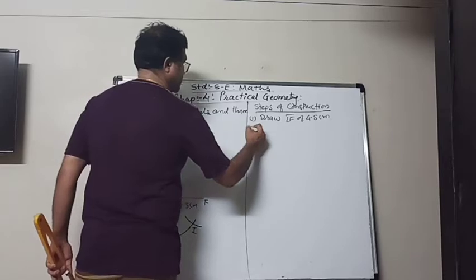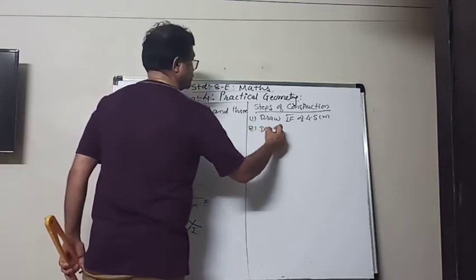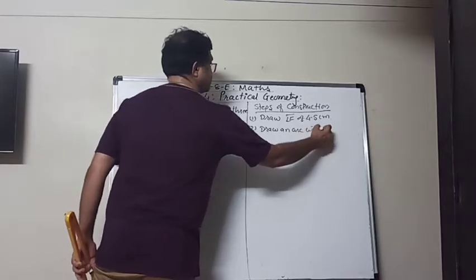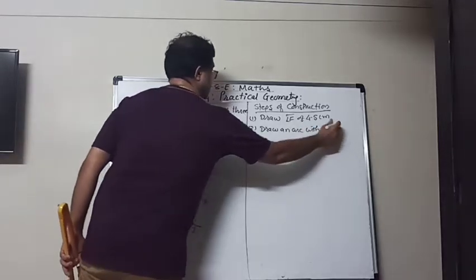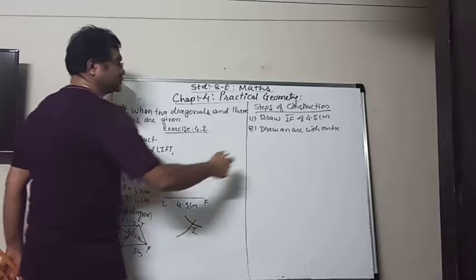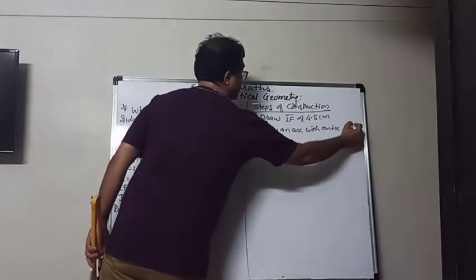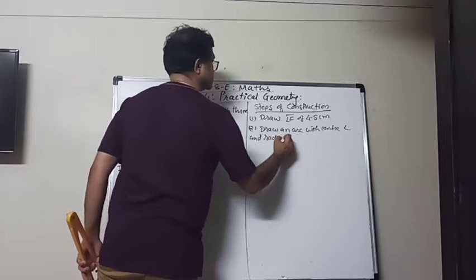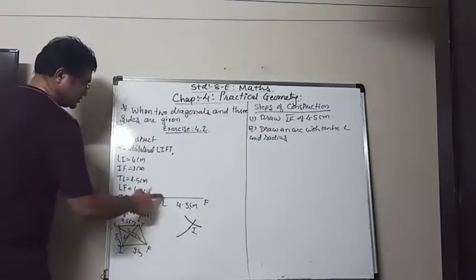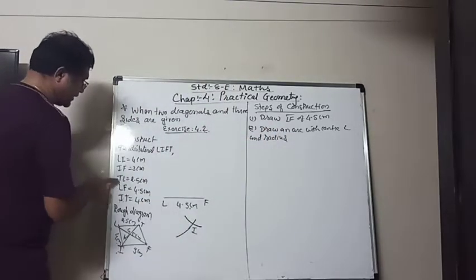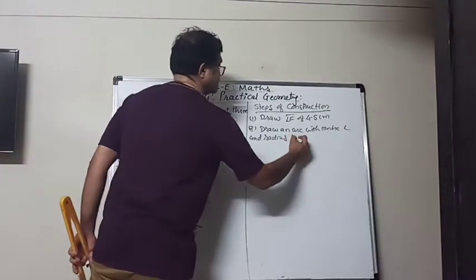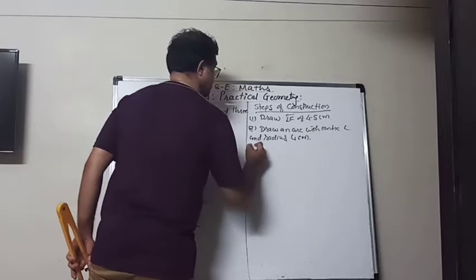Then second step, draw an arc with center L and radius. How much radius did we take from L to I? 4 centimeter.